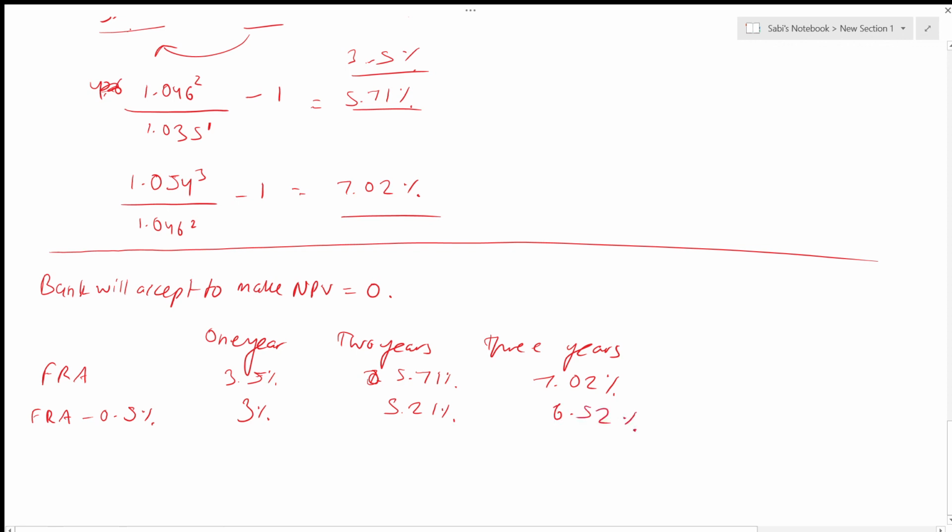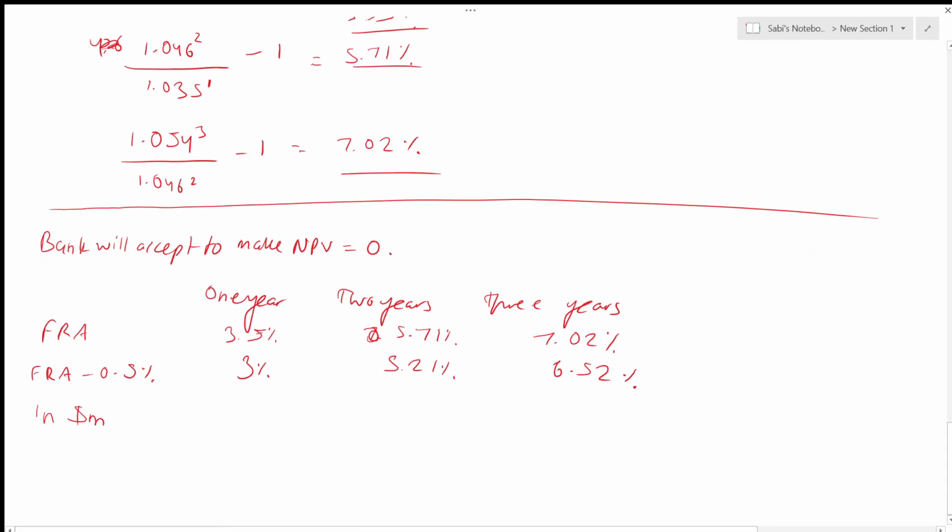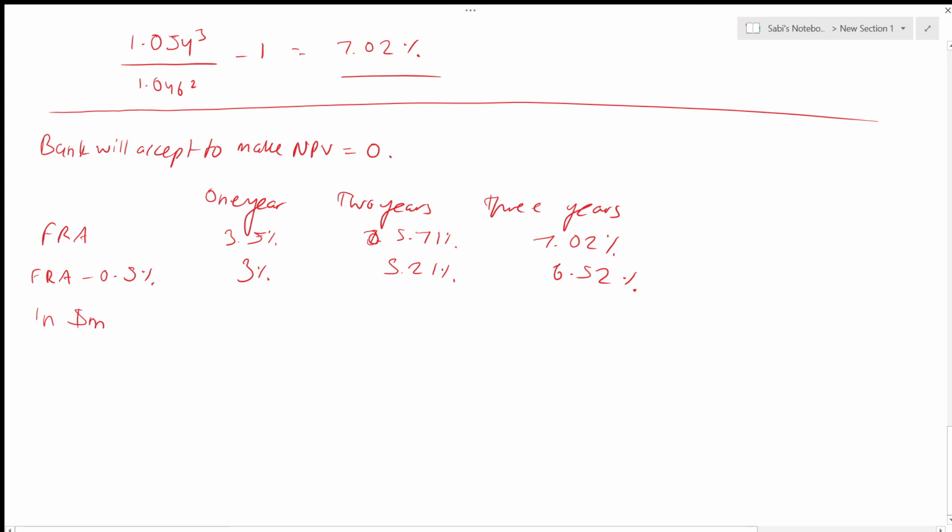Now, that was in percentage. Now you want to find it in dollar millions. This is for 100 million of variable rate borrowings. So once you deal in million, I will be showing you the working. That means it is 3% into 100, so it will be 3 million.